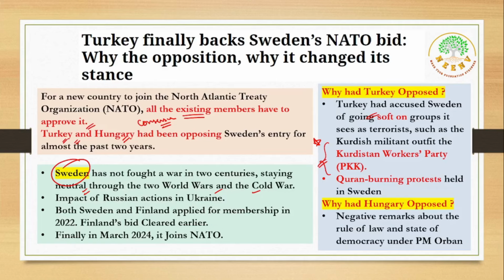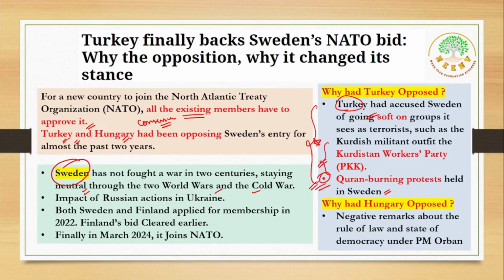Also, because of the liberal notion in Sweden, many times there have been Quran burning protests in Sweden. And Turkey, being an Islamic country, is opposing this very liberal stand of Sweden. And that is the reason Turkey was opposing Sweden's membership.